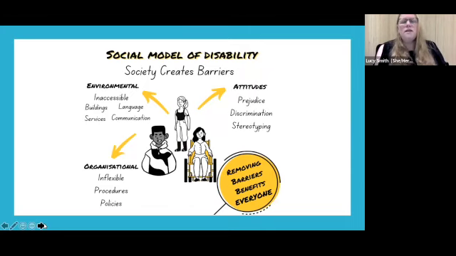And within this small slide, you can see that there are different barriers that will present themselves for disabled individuals.